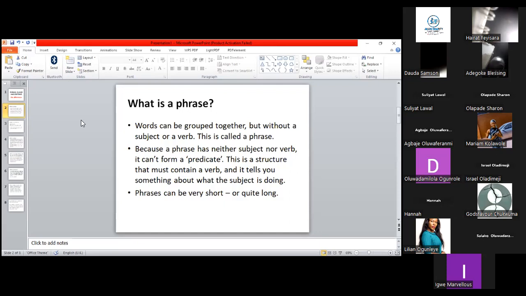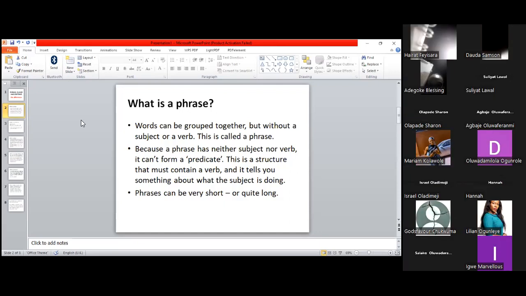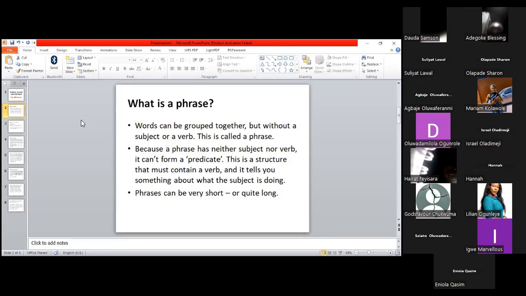So what we need to know from there is that a phrase has neither a subject nor a verb, so it cannot form a predicate. For us to have something that we call a predicate, there must be a finite verb in it.